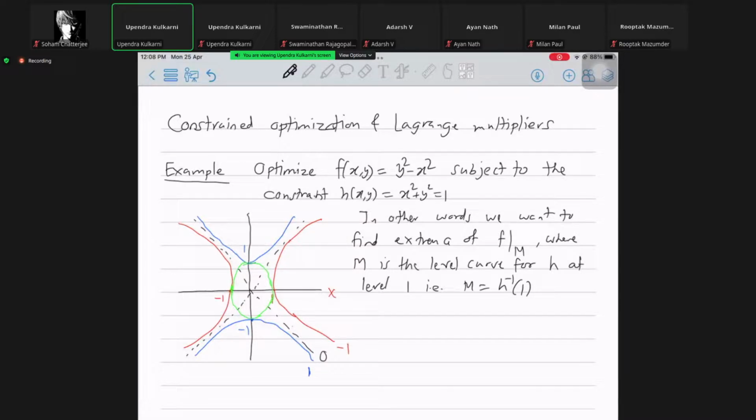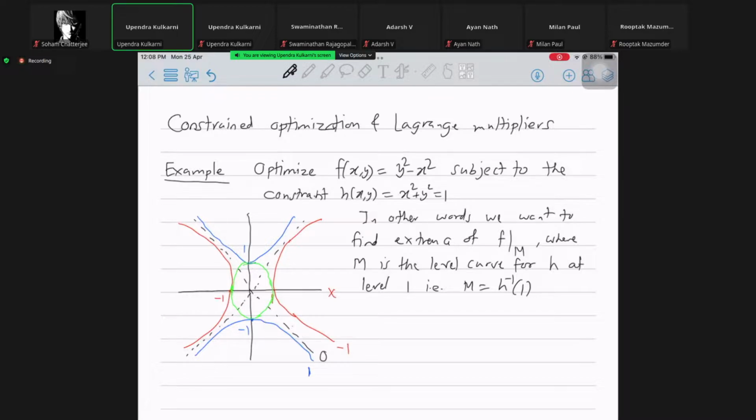I mean, further analysis after finding critical points. You just find critical points, you find the endpoints, and you just calculate a table of values. Whatever is the largest is the maximum, whatever is smallest is the minimum. Same thing applies over here, assuming that your constraint gives you a compact set.